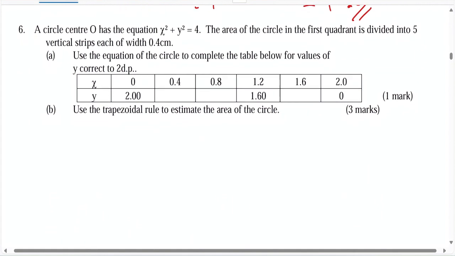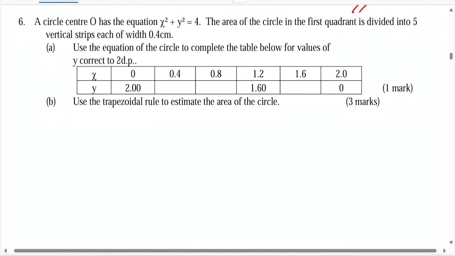Question 6, a circle center O. If you have not yet reached area approximation, this question will benefit you. A circle center O has the equation x² plus y² equal to 4. The area of the circle in the first quadrant is divided into 5 equal strips, each of width 0.4 centimeters.